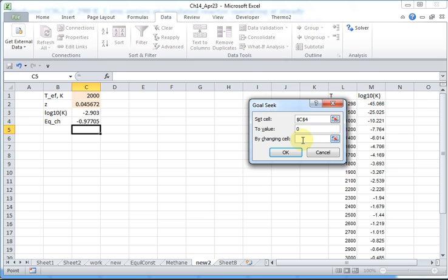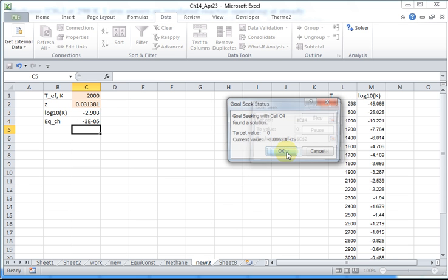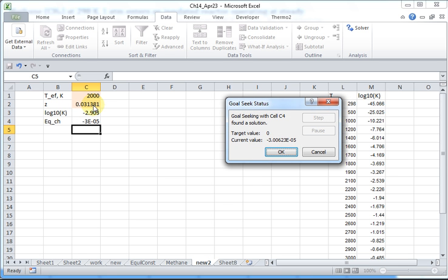Set it to 0 by changing cell C2. And there you go. See what I did? It's like Newton-Raphson secant method. Root finding. You have to be able to do something like that with your calculator for the final exam. True? Talked about that last time.